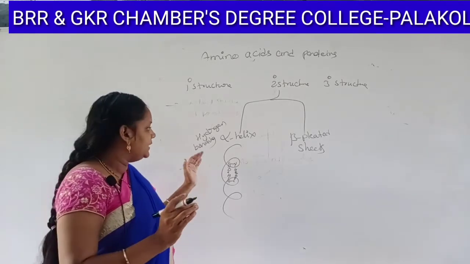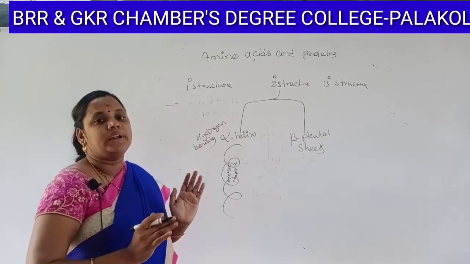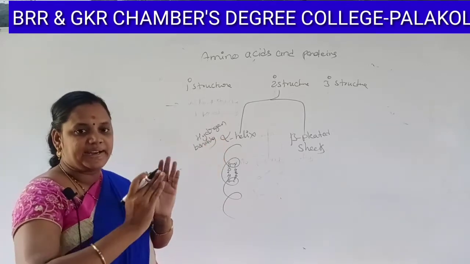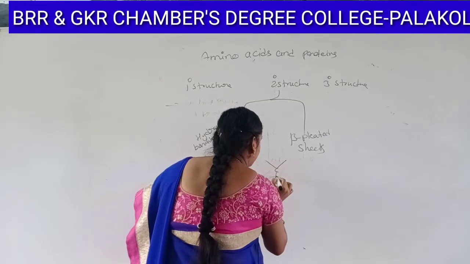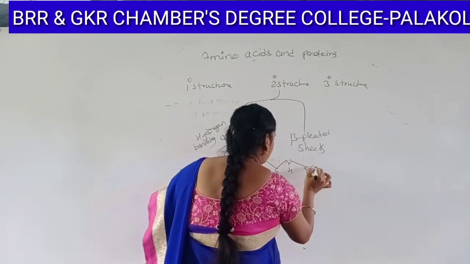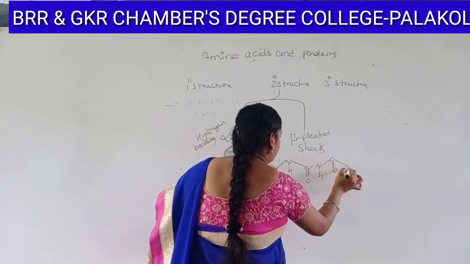Here the proteins are added side by side, so they may be connected through intermolecular hydrogen bonding. Here the protein sheets are added side by side. So let us see C double bond O, NH, C double bond O, NH, C double bond O, NH.